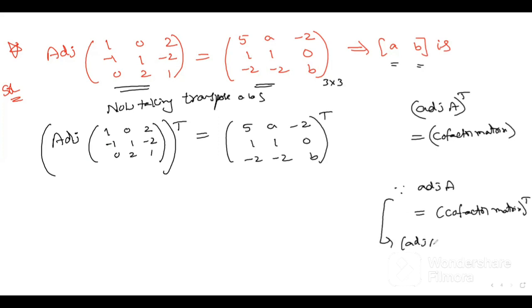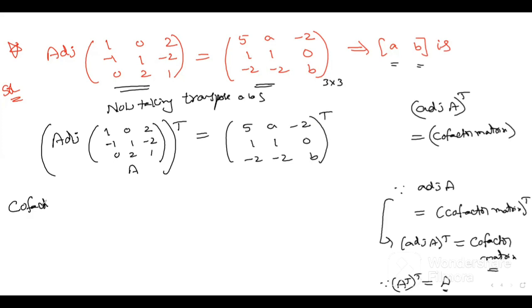So taking transpose on both sides, what do we get here? Adjoint of A whole transpose is equal to cofactor matrix whole transpose. We have one formula: A transpose whole transpose gives A. So cofactor matrix whole transpose gives the cofactor matrix. So adjoint of A whole transpose is nothing but the cofactor matrix.